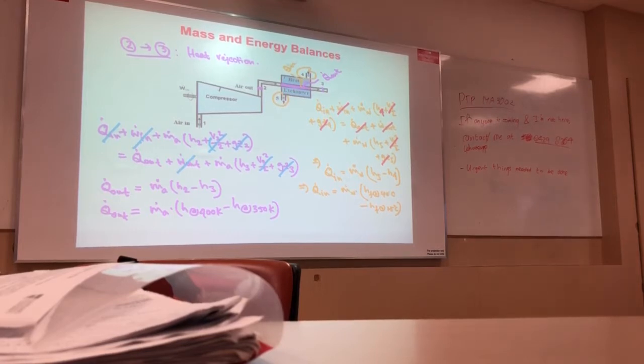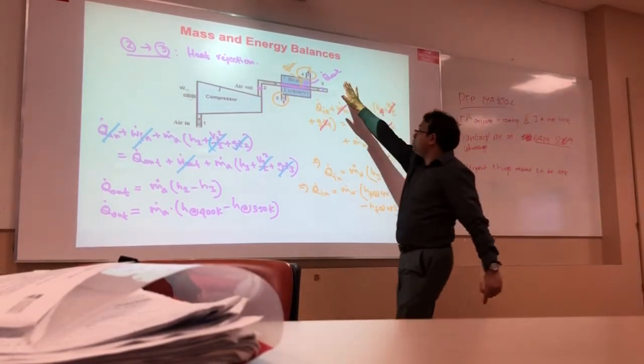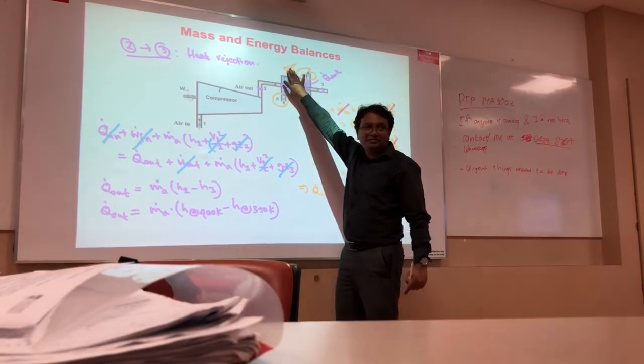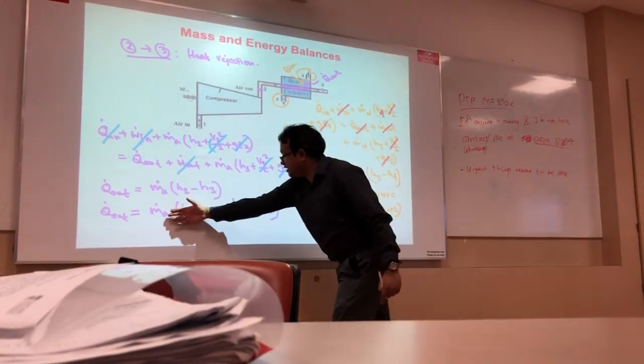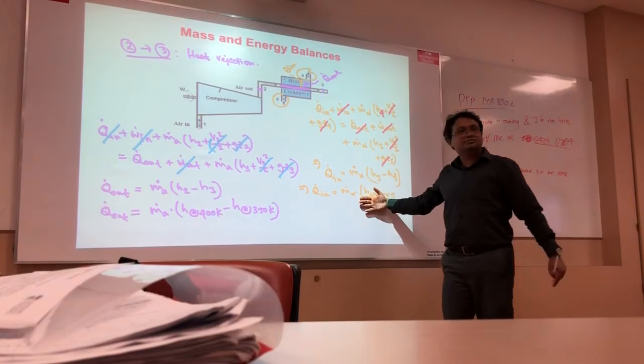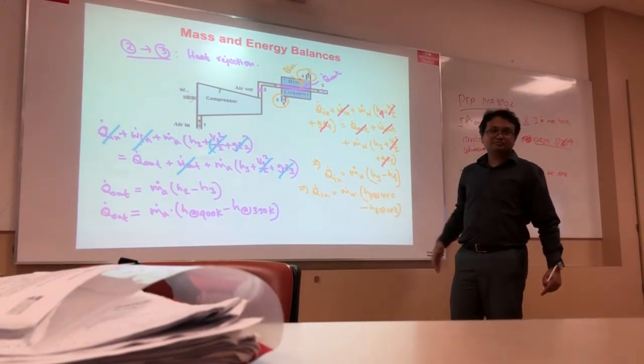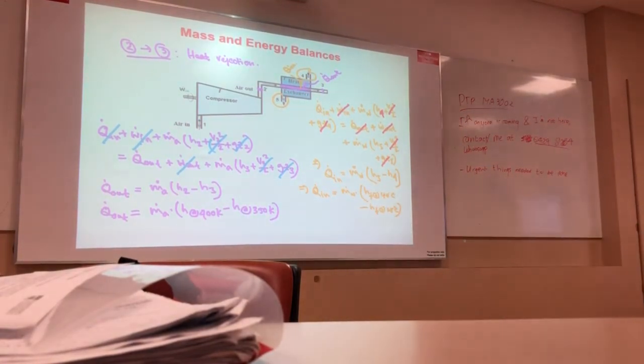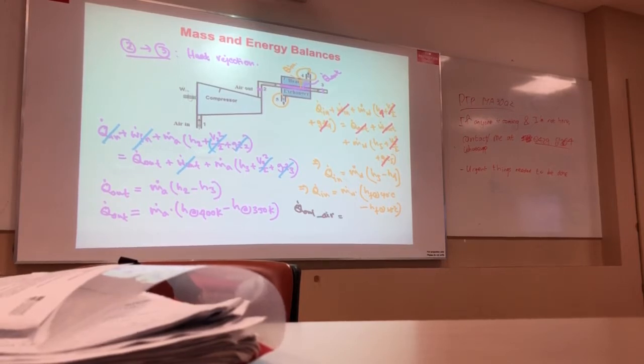What we can see? This value and that value are the same thing, right? Then I can write this one equivalent to this one. Correct. So what I can see from here, Q dot out from air is equivalent to Q dot in with water.